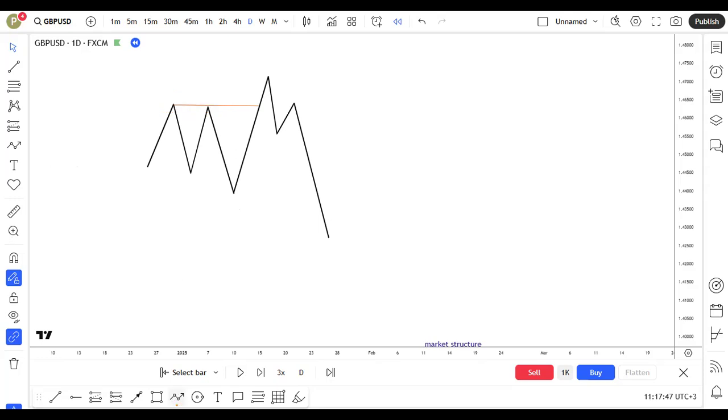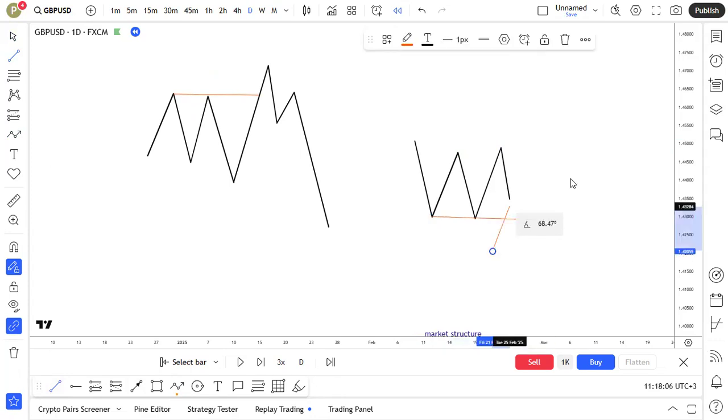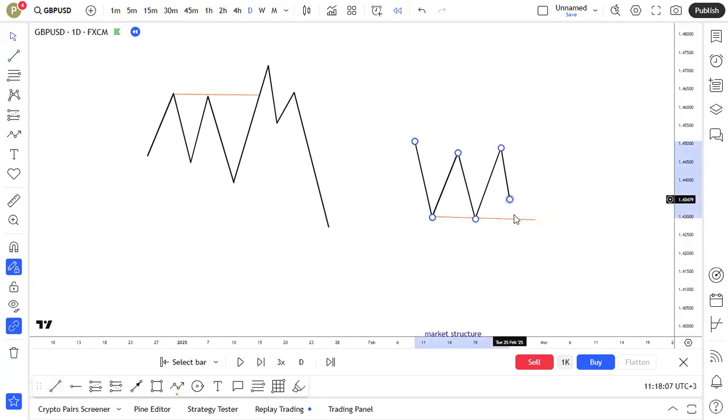Liquidity can also be in the form of equal lows, something like this, or we can say double bottoms. So if you expect price to come and respect here, let's say this was equal lows or a double bottom, somebody may be expecting price to respect this and then reverse and go higher.